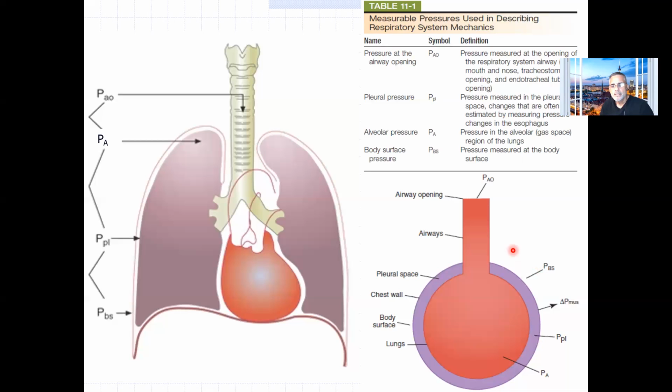All right. So again, we have the different pressures that are denoted on this side, and then there's the pressure of the musculature, or the muscles of ventilation, and looking at that change in muscular pressure. And we've talked a little bit about that. Of course, that's the force we're looking at in normal resting breathing.